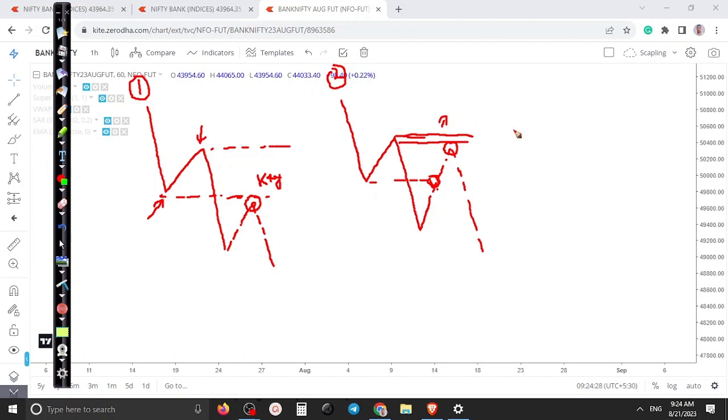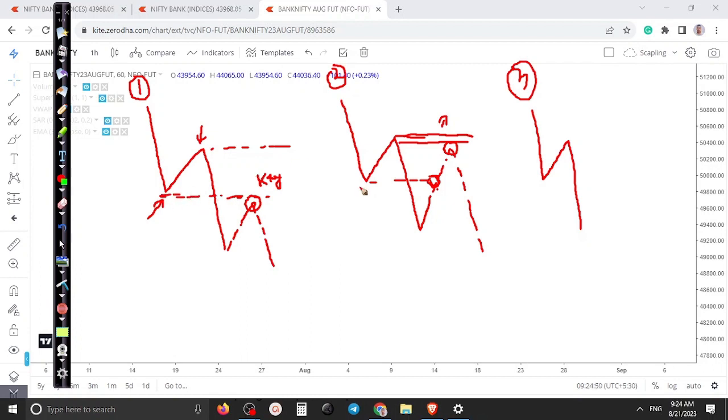Okay. Third strategy, number 3. Price makes a sharp move down. Let's say price goes up a little bit. Again, price makes a sharp move down. Now, what happened? First strategy, price pulled back near the lower point.